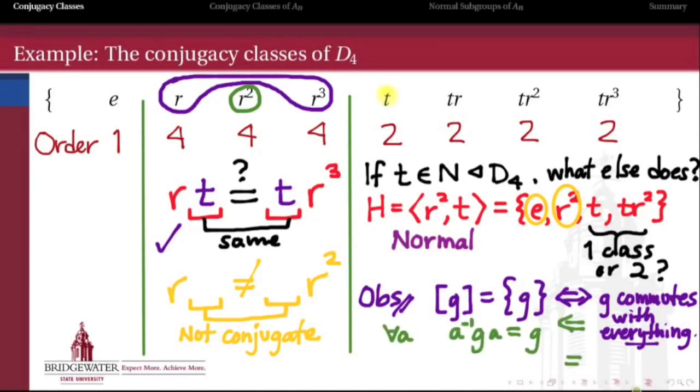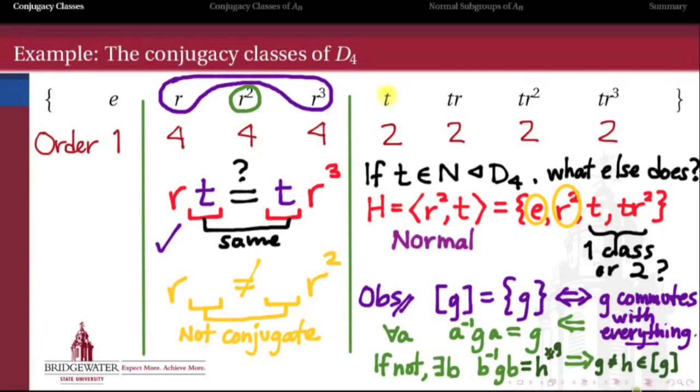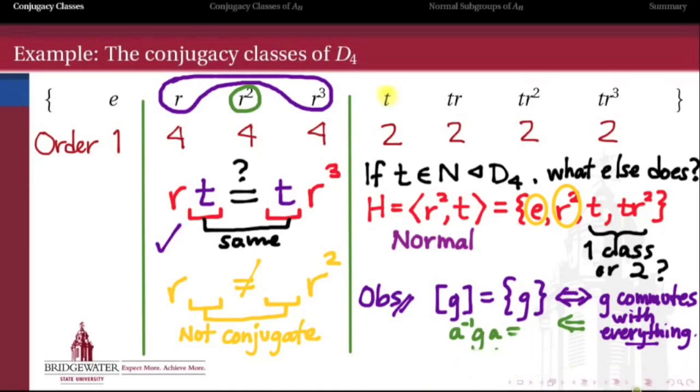Well, if g commutes with everything, then a inverse g a will always be equal to g. And going the other direction, if there's something in the conjugacy class besides g, then that must mean that there's an element that g doesn't commute with. b inverse g b will not be equal to g.